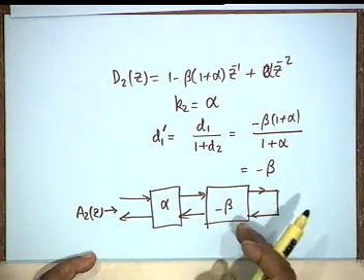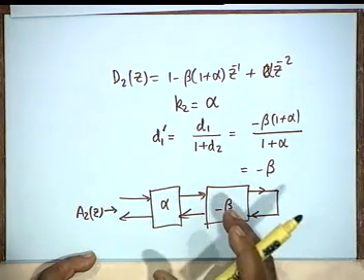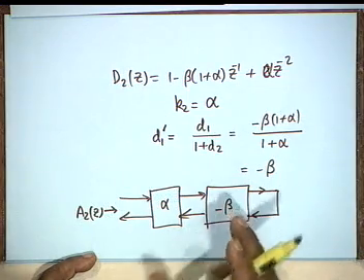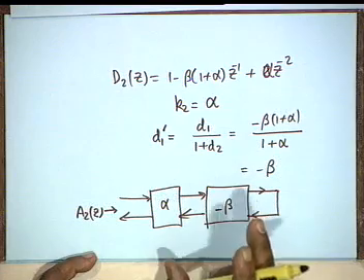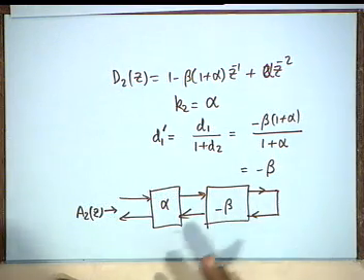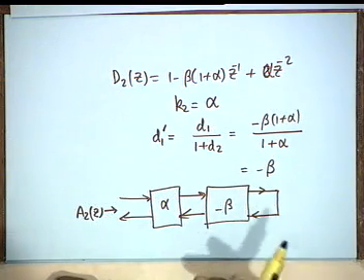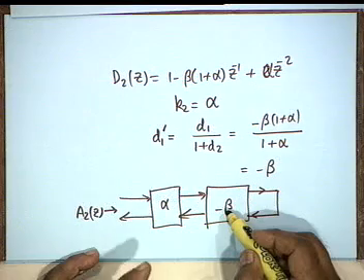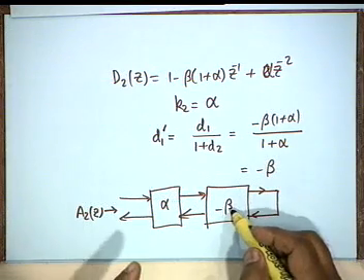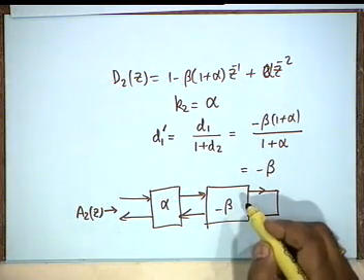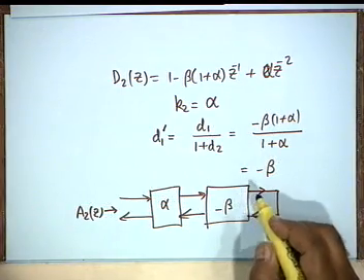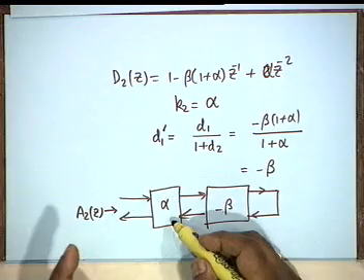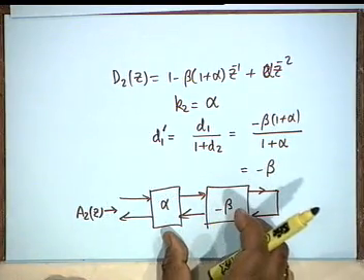This gives you a programmable DSP chip with two functional outputs, one is a band pass, the other is a band stop, and the center frequency can be controlled by one multiplier beta, which has to be programmable because you might like to change the center frequency, and the bandwidth is changed by alpha, and these are independent of each other.